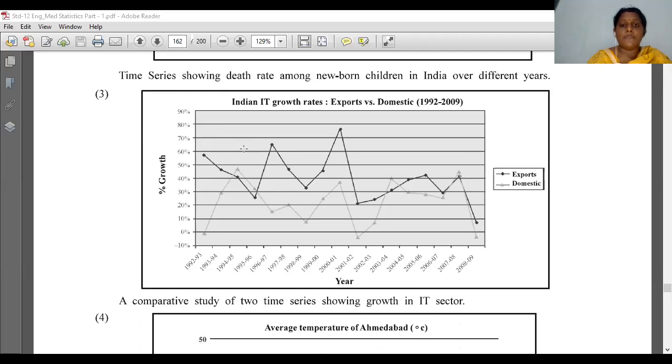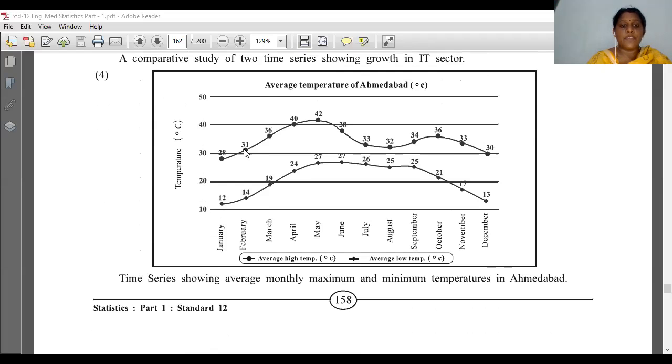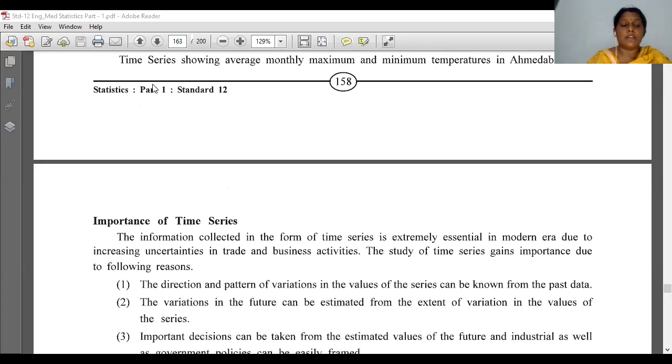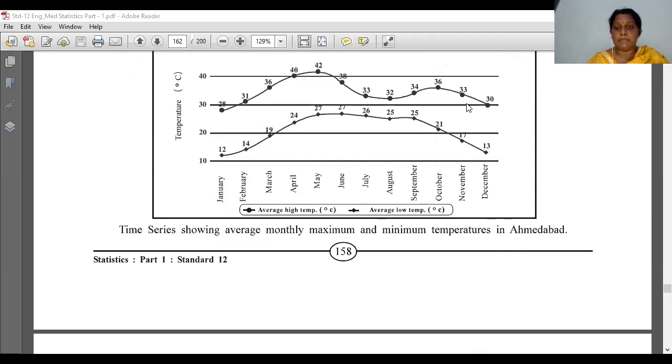Okay, so one of that presentation is our time series also. These are all graphs showing the time series, fluctuation in a particular time period. Okay, so this time series shows the average monthly maximum and minimum temperature, this is the minimum and the maximum temperature.